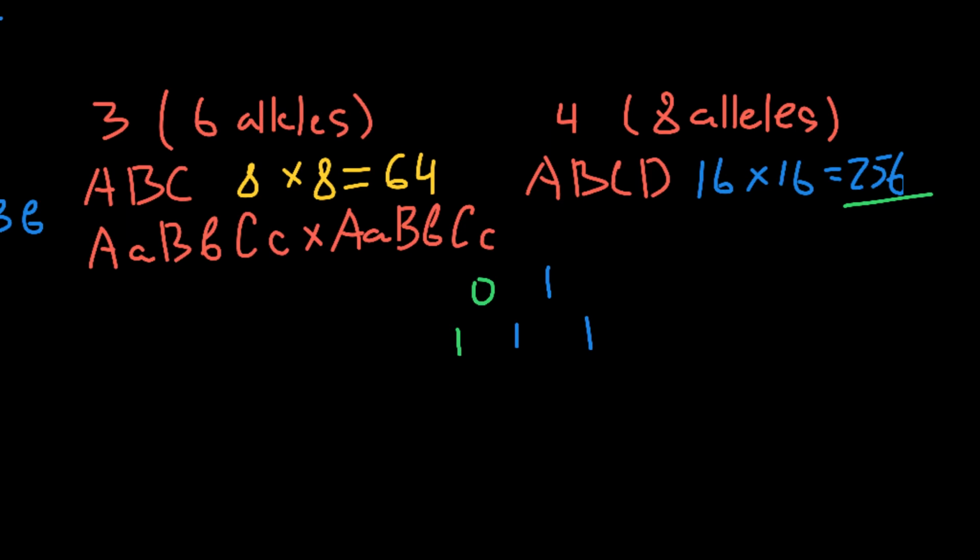So in the 0 row we have only 1 combination. In the second row we have 2 combinations, and again, what these numbers stand for.